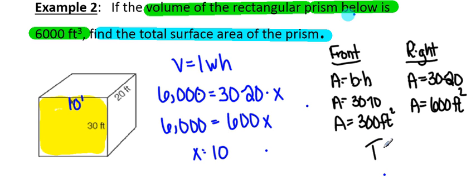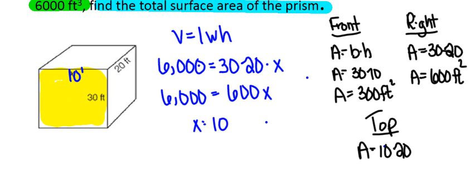The top of the box and the bottom of the box are going to be the same. Their area also is length times width, their base times height, and that's going to be 10 times 20, or in other words, 200 square feet.